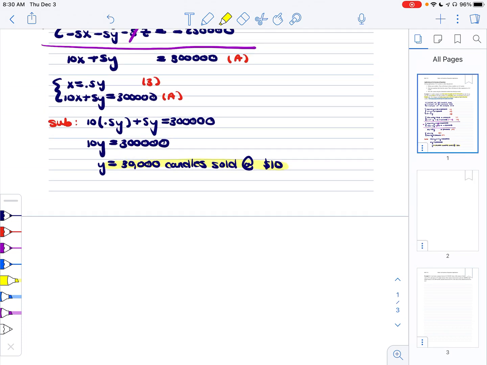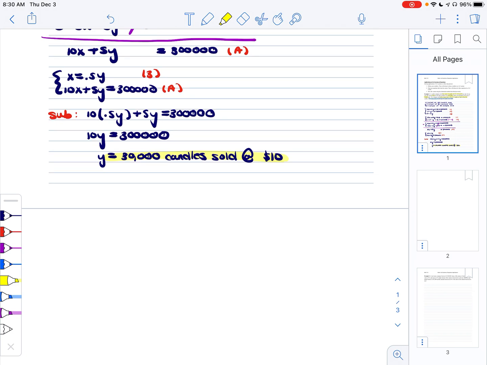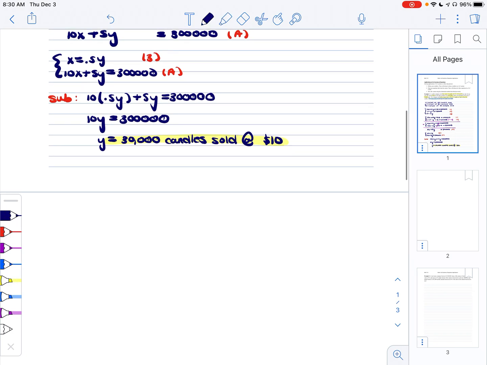Okay, so now that we have our first variable, we just need to back substitute it in order to find our next one. Looking back at either our equation 3 or A that made up our 2 by 2 system, 3 looks nice and easy to work with. So I'm just going to plug that 30,000 in for my y in equation 3.